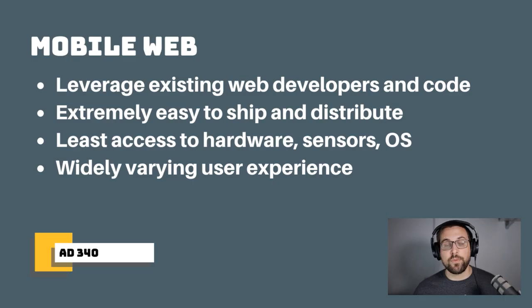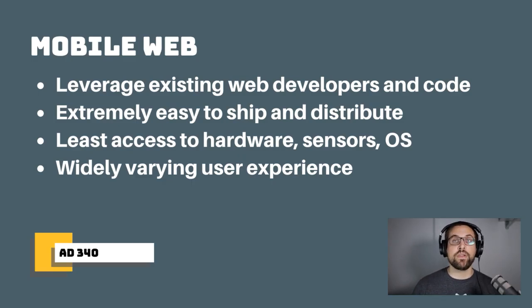And now the third option we'll talk about here is mobile web. Mobile web is essentially regular web development that's optimized to work well on mobile devices. And that can even, to some extent, give you access to certain sensors and other features on the device. So this is a great way to leverage your existing web developers and even a lot of your existing web code, because a lot of it will just run natively.